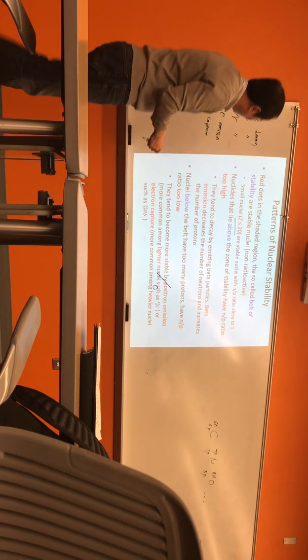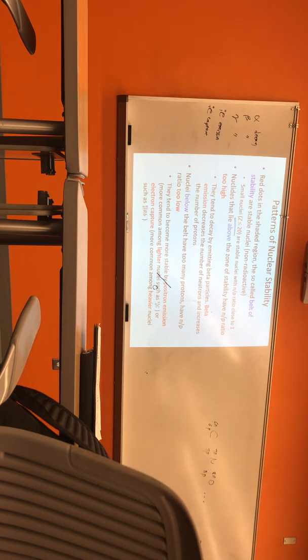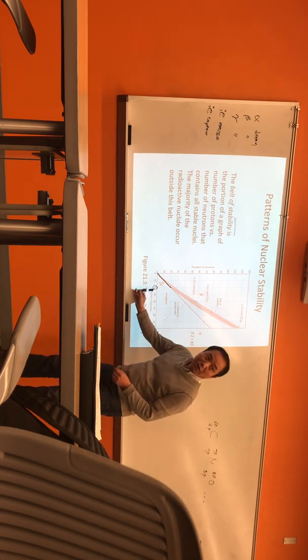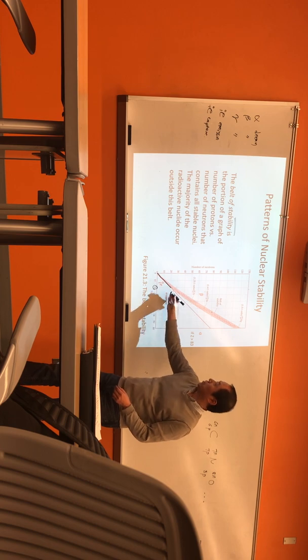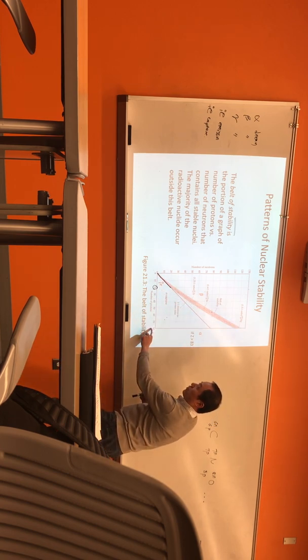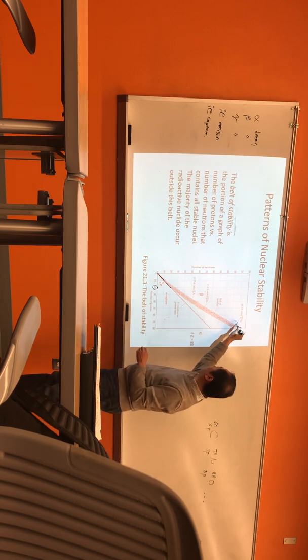Okay. But beyond that, the ratio increases. As you can see, after atomic number 20, the slope is more than 1. The slope increases, so at the end of the graph, at atomic number 80, this ratio approaches 1.5.